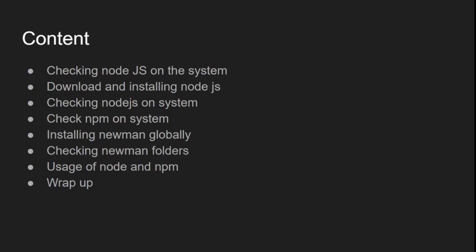It's used for two reasons. One is for publishing open source Node.js projects, and the second is that it's a command line utility for interacting with repositories, installing packages, version management, etc., just like we did installing Newman.